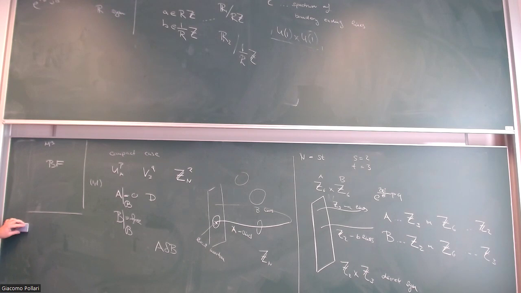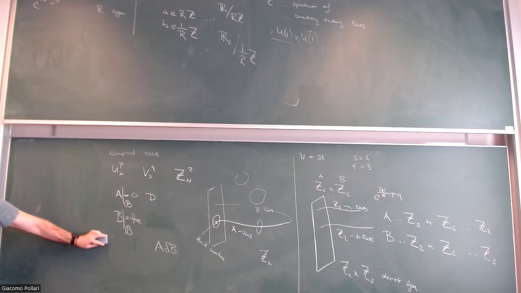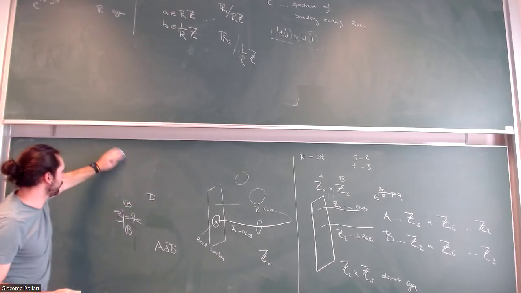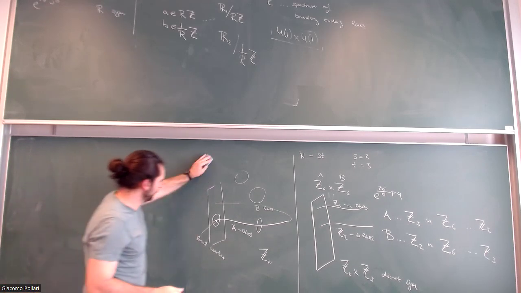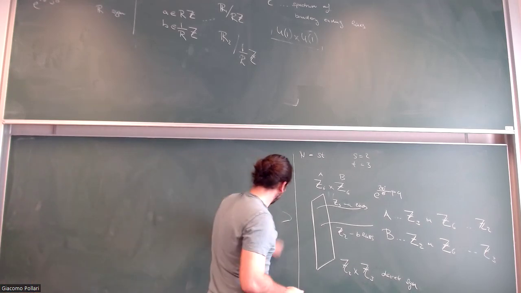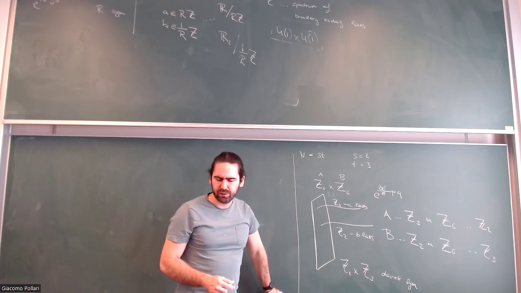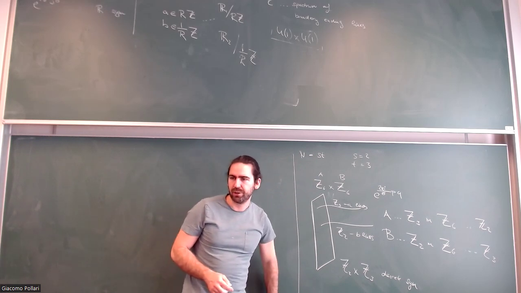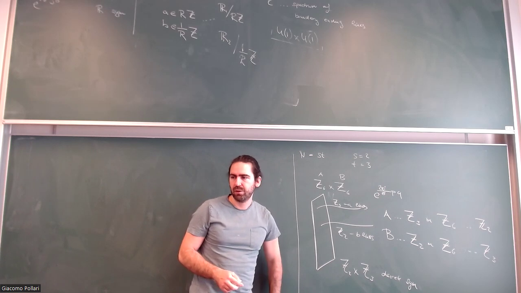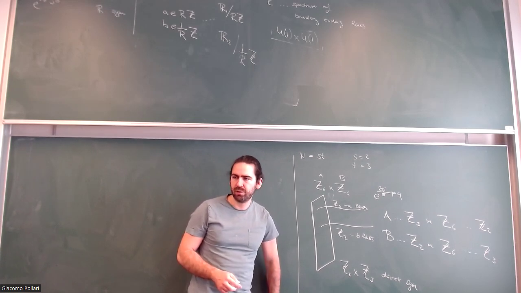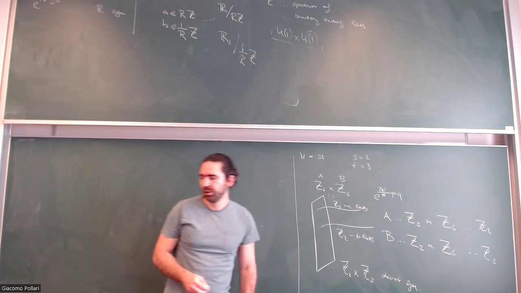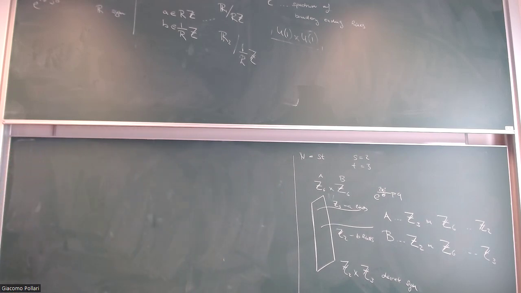At the beginning I started with the compact boson, but I didn't tell you about all the symmetries which are there in the compact boson. Have people heard about S-duality or electromagnetic symmetry in Maxwell? I mean that there's a sort of mirror or dual description of the usual Maxwell.